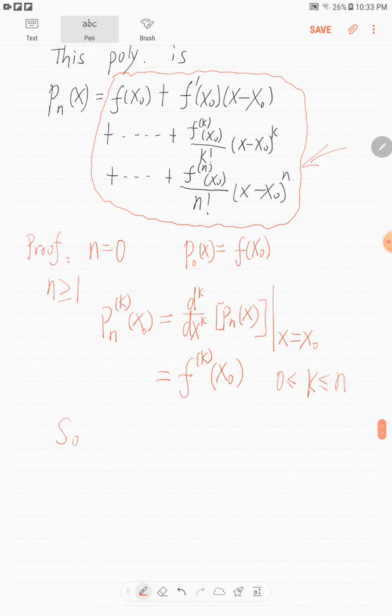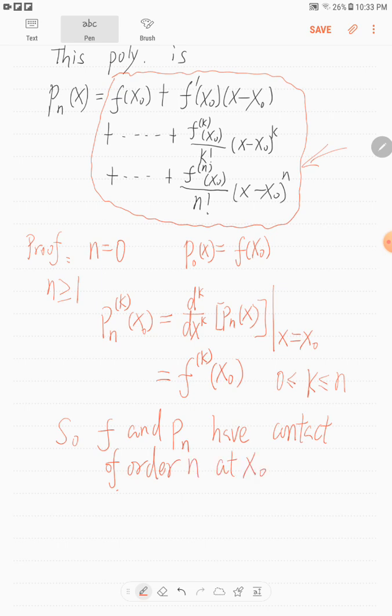So f and p sub n have contact of order n at x naught.